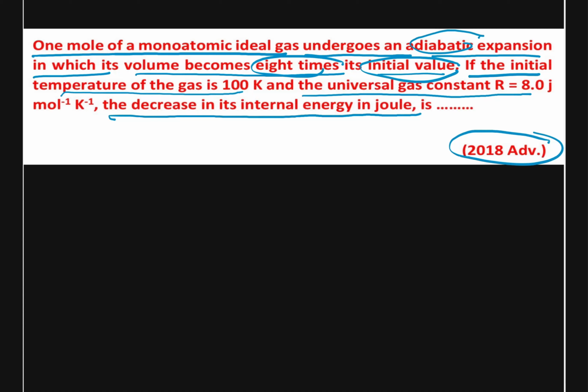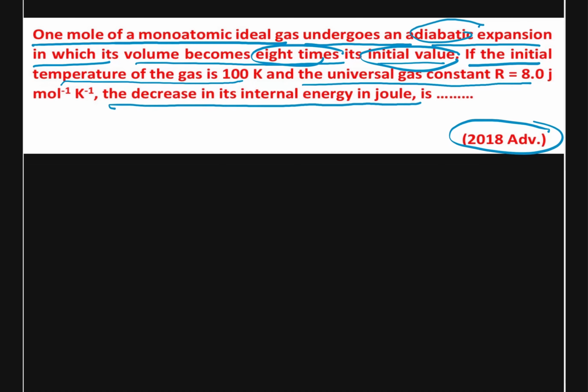So we start with the monoatomic ideal gas, given as 1 mole.